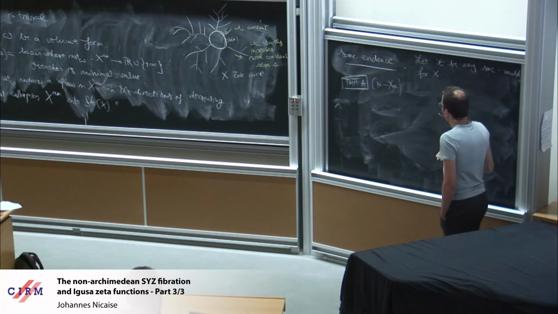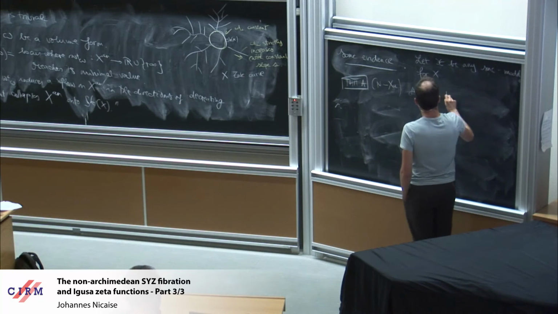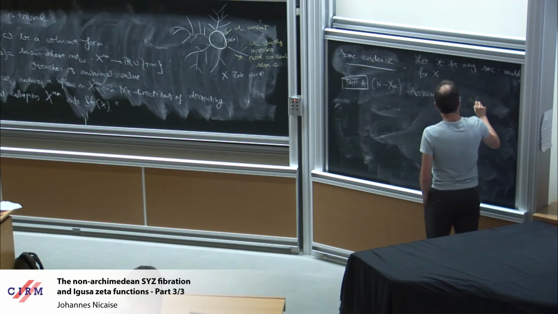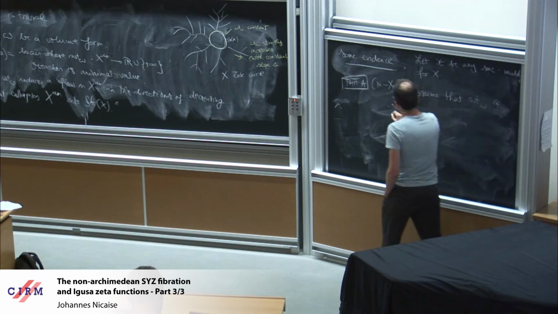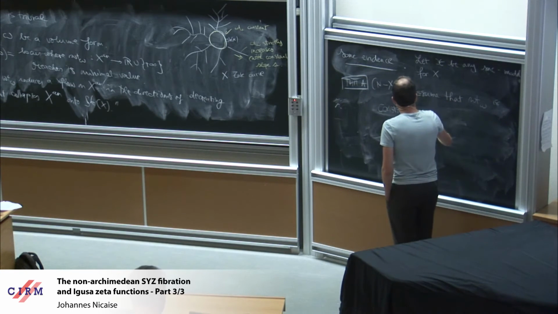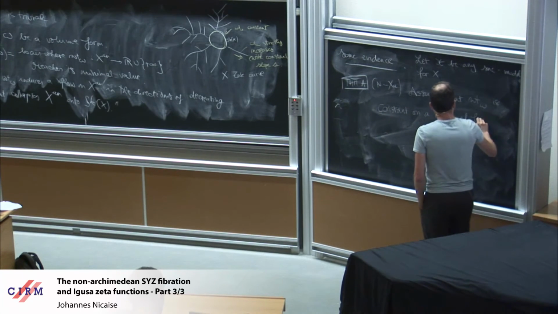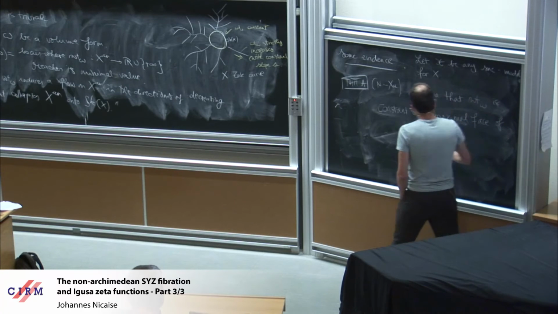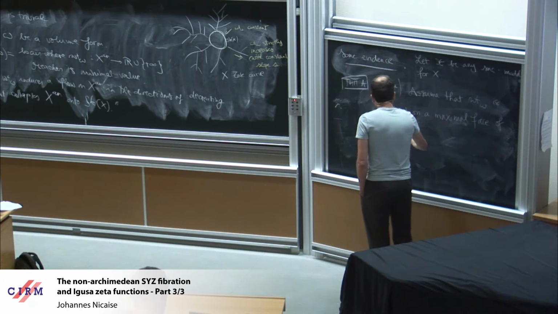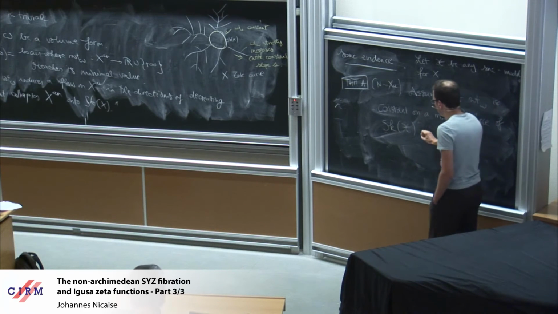So the first theorem says the following. Assume that the weight function is constant on a maximal phase of the Berkovich skeleton of curly X. Yeah? So this just means a dual intersection complex of its special fiber.